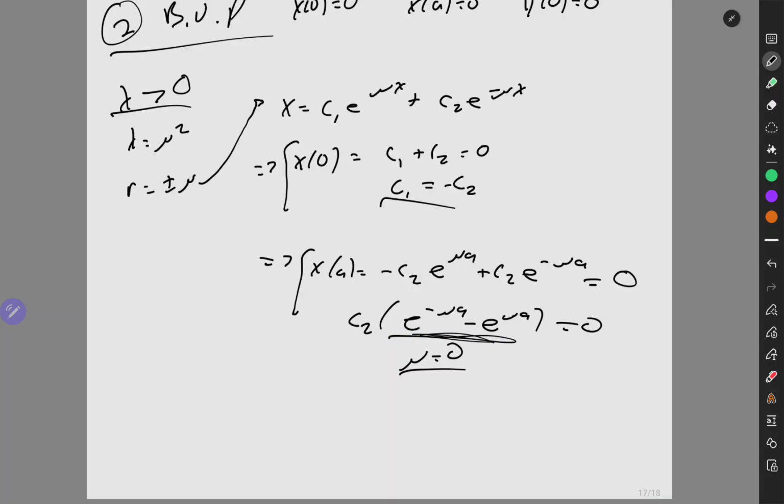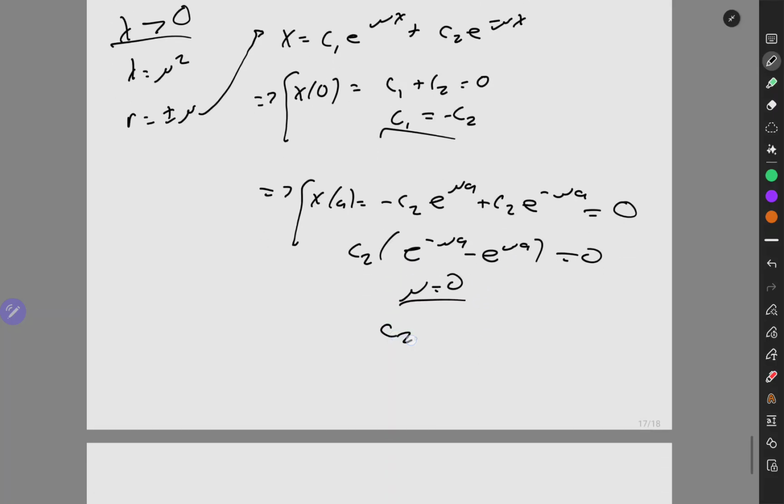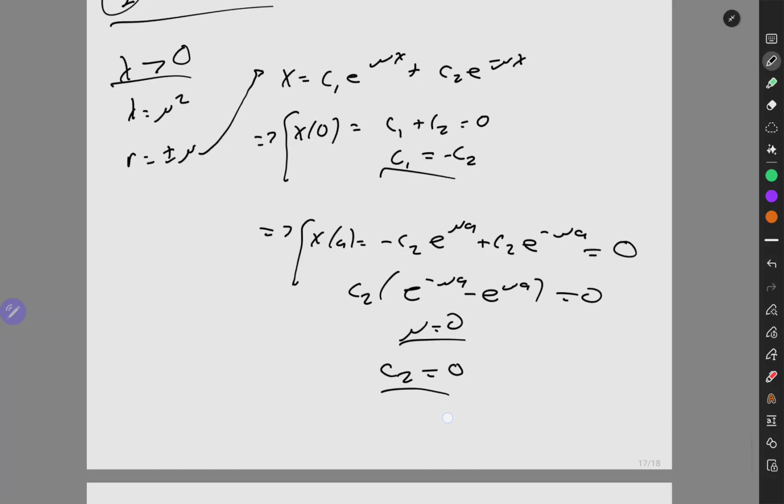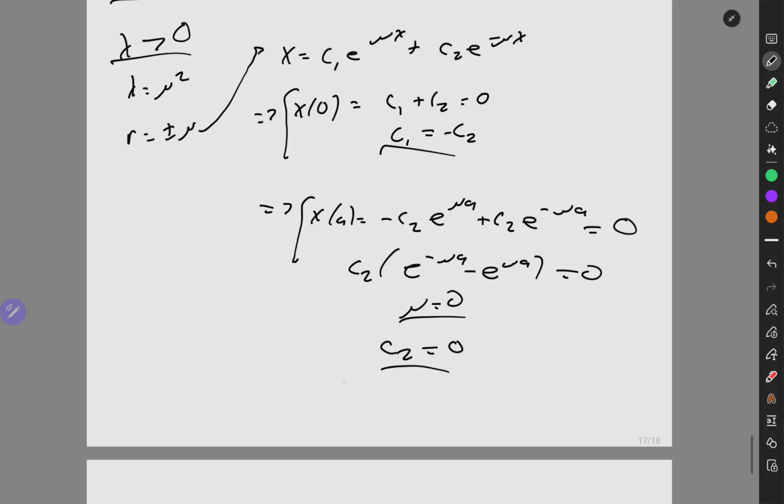That's the only way that this is true. So by default, we know that C2 is going to have to be 0 because mu has to be non-zero. So C2 is going to be 0, and C2 is equal to C1 pretty much. So x is equal to 0, so that's only trivial.